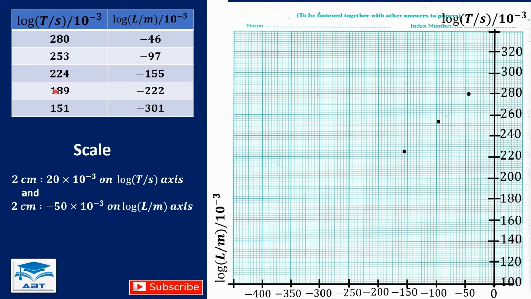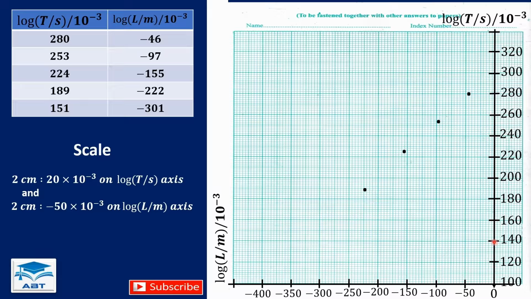And we have 189 on the vertical axis. This is 180. So 180, 2, 4, 6, 8, 9 will be in the middle of the next box. And negative 222, we have 5, 10, 15, 20, and 22 will be in the middle of the next box. 151.